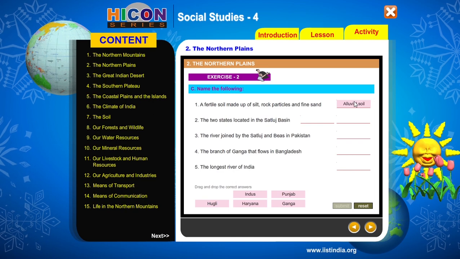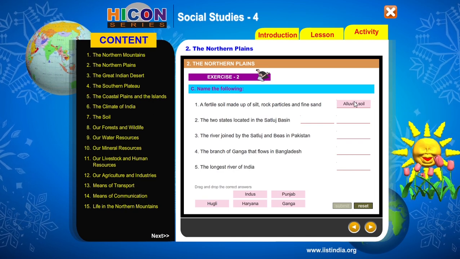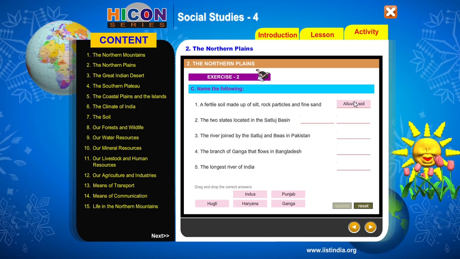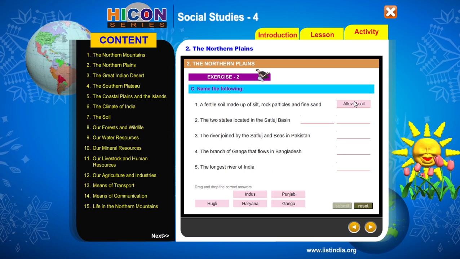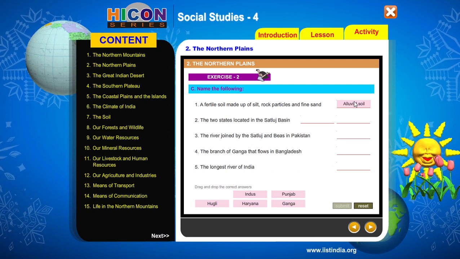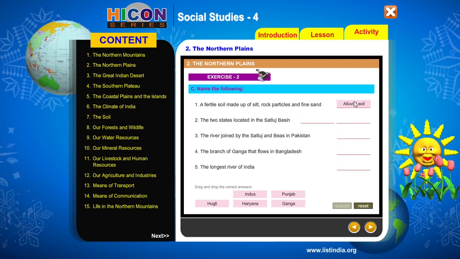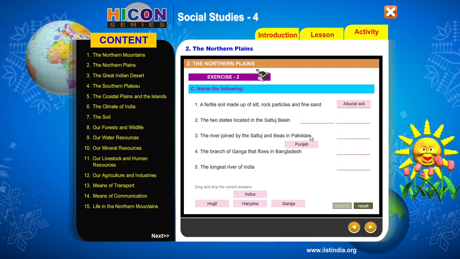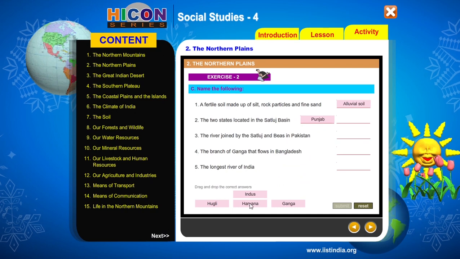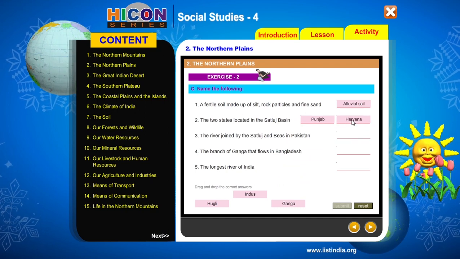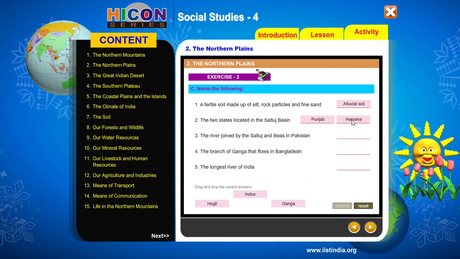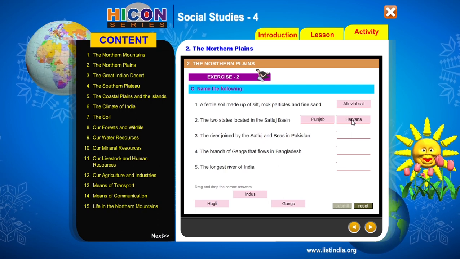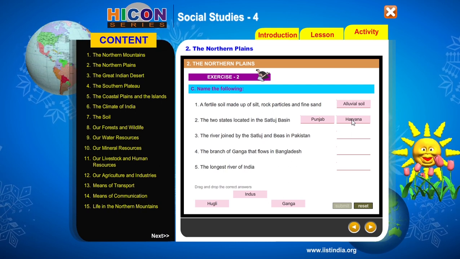Second one, the 2 states located in the Satluj Basin. In the northwestern side of India, we have the Satluj Basin. And the states that lie in that region include Punjab and Haryana, right? So Punjab and Haryana are the states in India which lie in the Satluj Basin.